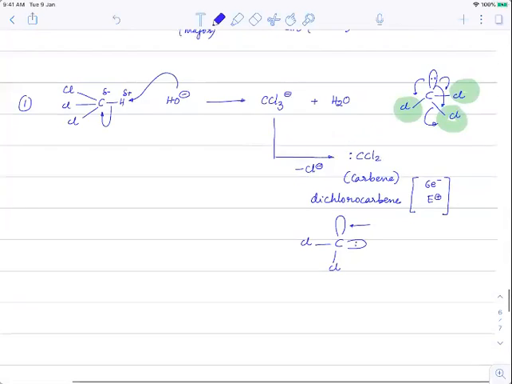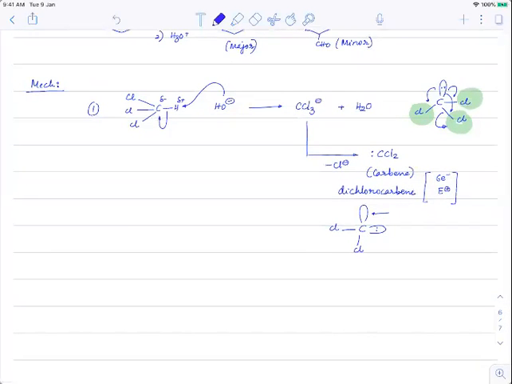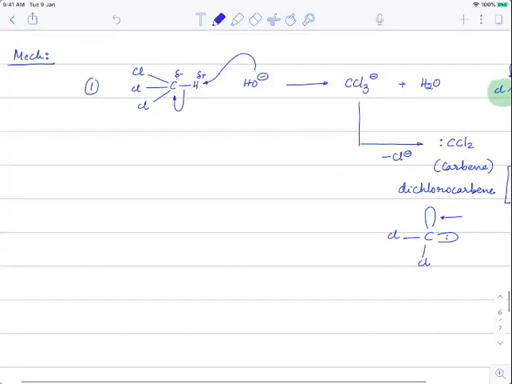And this type of elimination, what happened here? This carbon has chlorine as well as hydrogen. So hydrogen and chlorine both went away from the same carbon. If that carbon is alpha carbon, can I say this is alpha-alpha elimination?